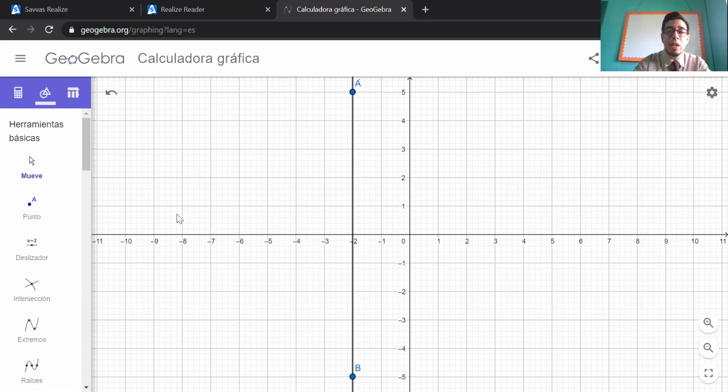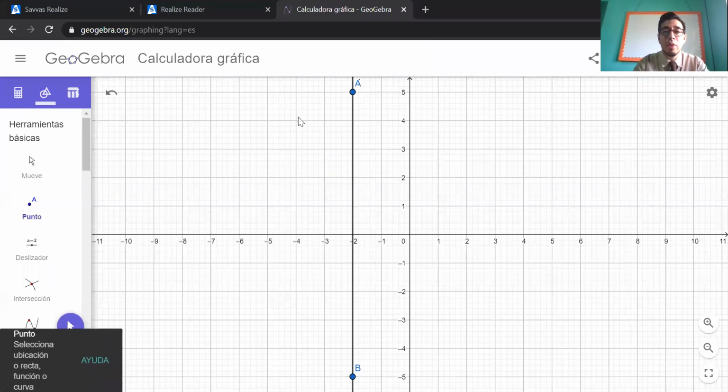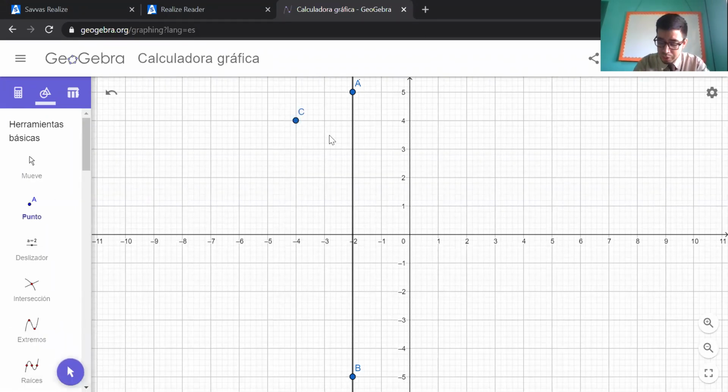And we have one figure in here that is A, B, C, D. So the pre-image is the one that I have on this side. And if I project it to the other side, I'm going to have the same separation, and the separation is only 1 unit, okay? The point A is located at negative 4 for X, and 4 for Y. I think that is projected in here.